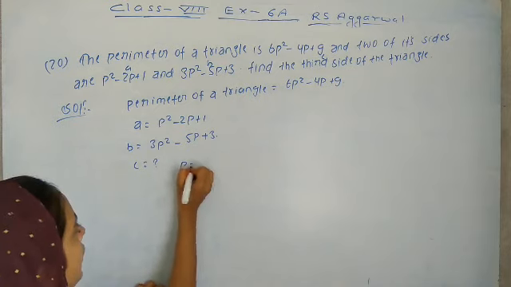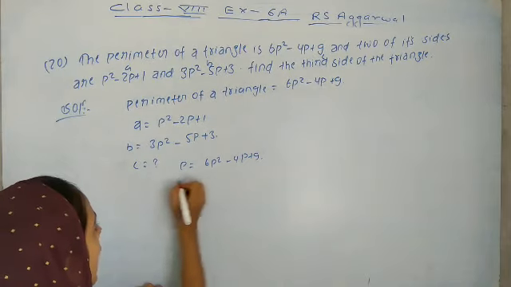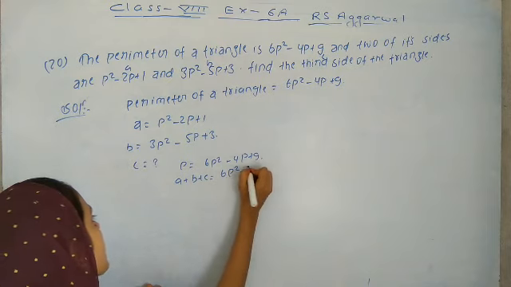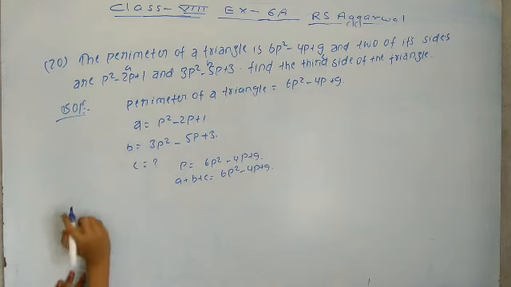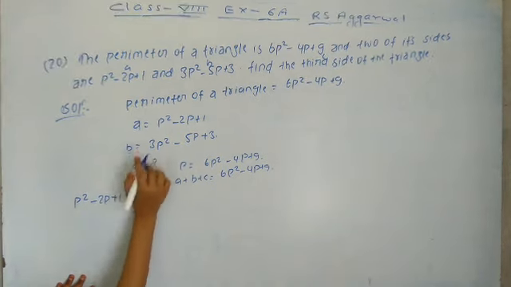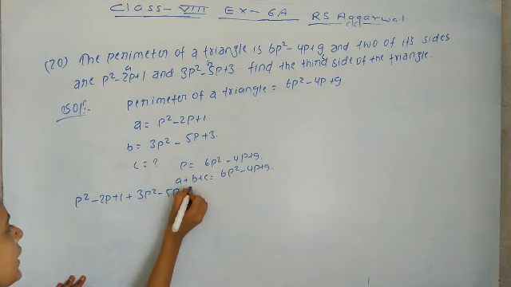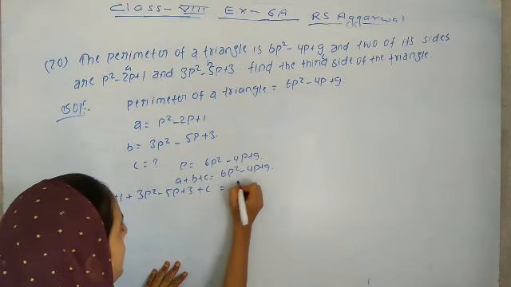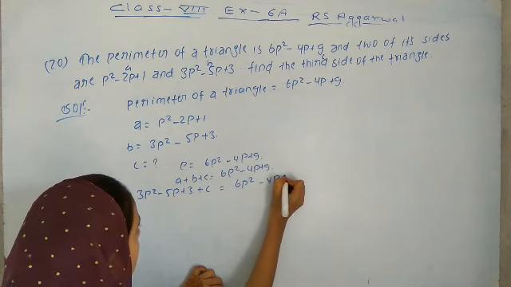So perimeter is equal to 6p square minus 4p plus 9, and A plus B plus C is equal to 6p square minus 4p plus 9. Now solve them. We will write A and B: p square minus 2p plus 1, and here we write plus 3p square minus 5p plus 3, and plus C is equal to the perimeter value, 6p square minus 4p plus 9.